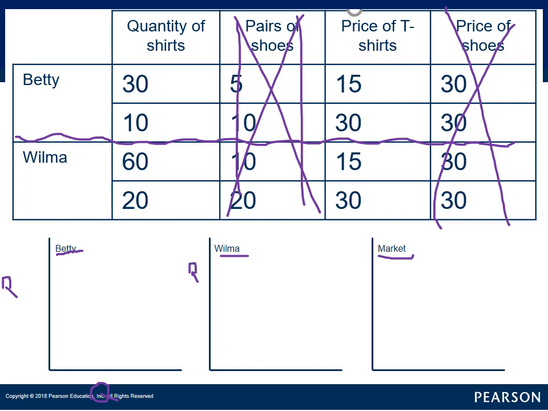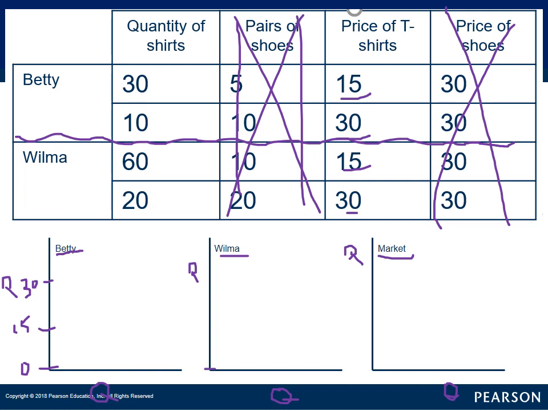So we can go ahead and write that on all of these curves. Our price range for t-shirts goes up to $30. So we'll do a 0 here, a 15 here, and a 30 there.